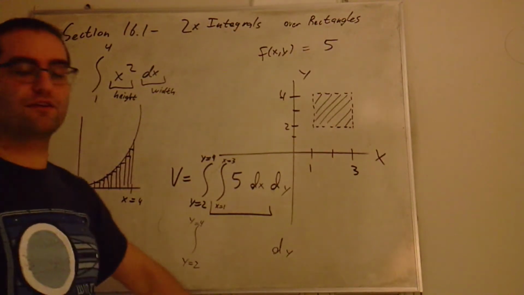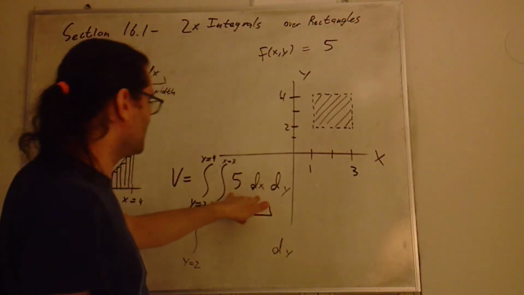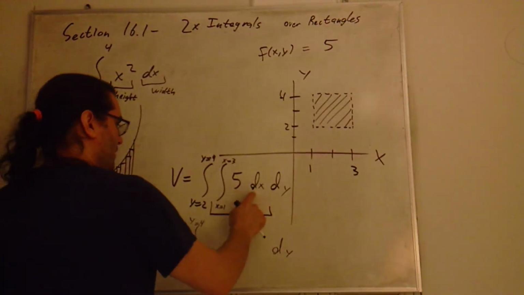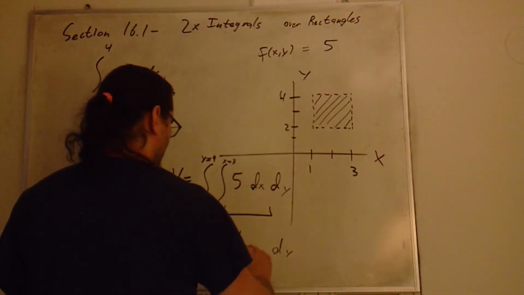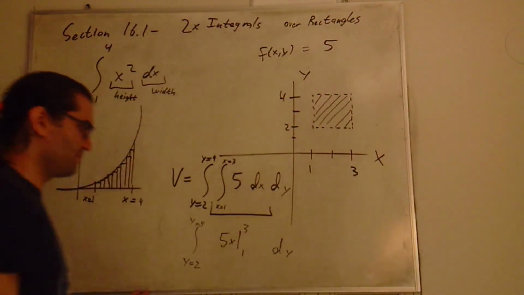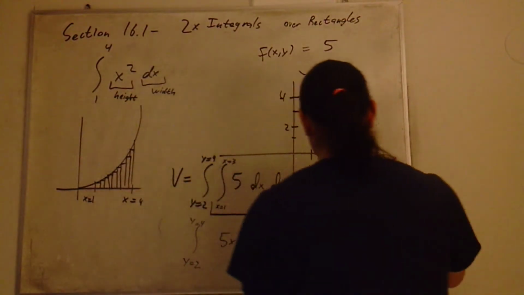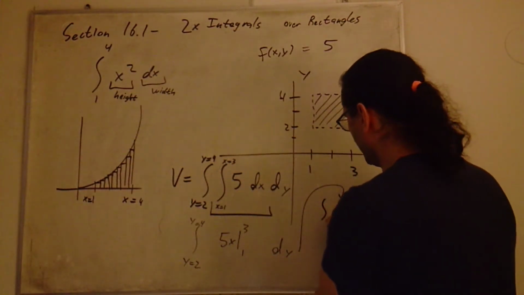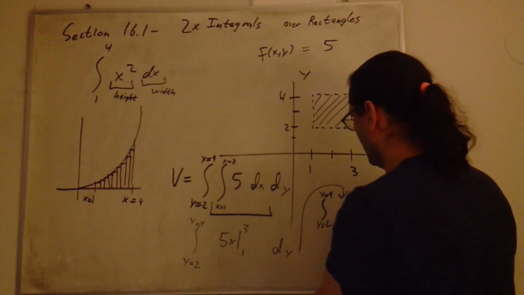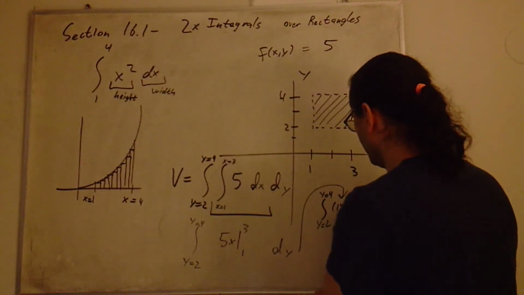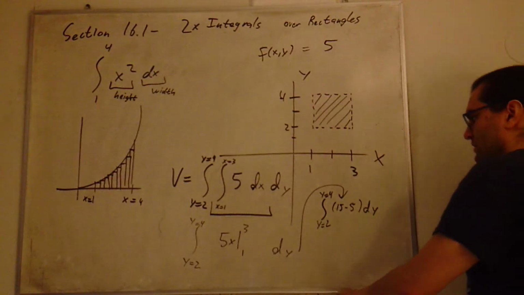That's the outside integral. I deal with that last. Right now, I'm only concerned with this inside integral. The integral of 5 with respect to x is 5x, and that needs to get evaluated at 1 and 3. So that will give me the integral from y equals 2 to y equals 4 of 15 minus 5 dy, which is just 10.